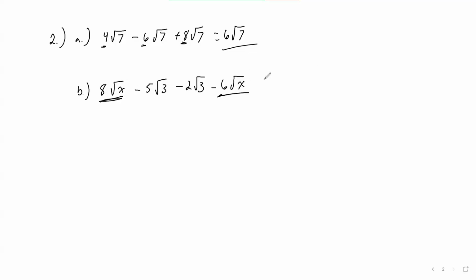So 8 minus 6 does give me 2 square root of x. Then I can combine -5 square root of 3 with minus 2 square root of 3 since these index and radicals are the same. And then -5 minus 2 is in fact -7 square root of 3. You can't combine them all, but you can combine some. And that's it. Very good.